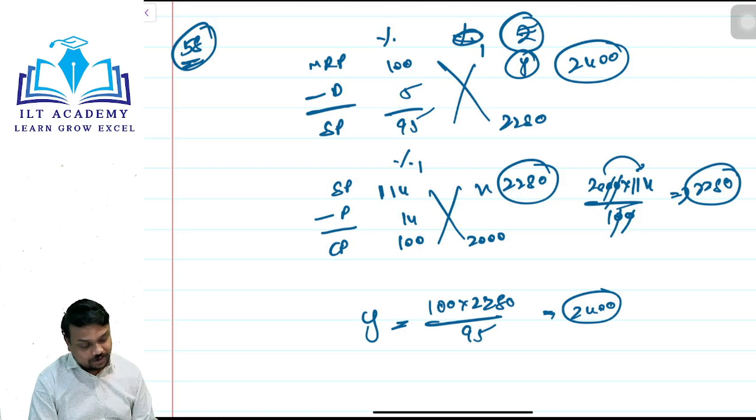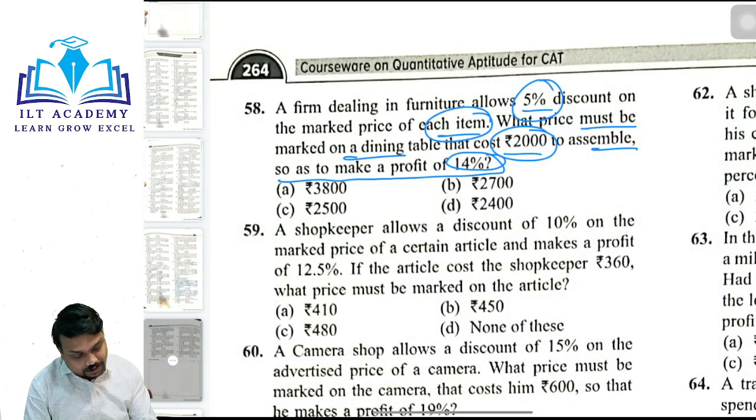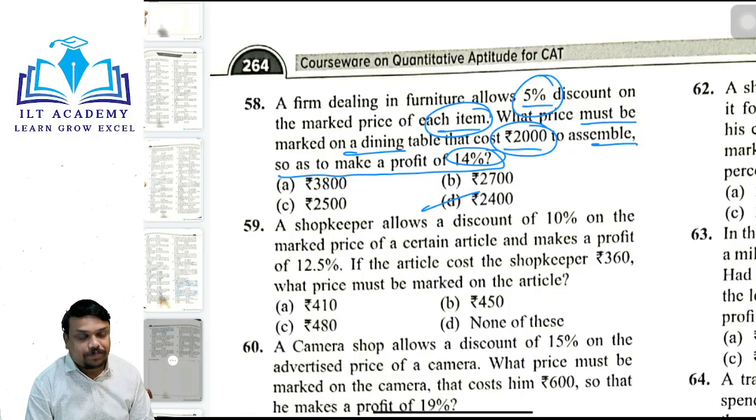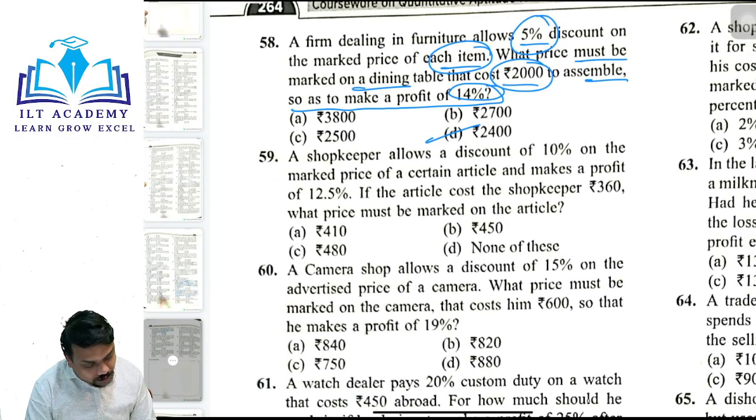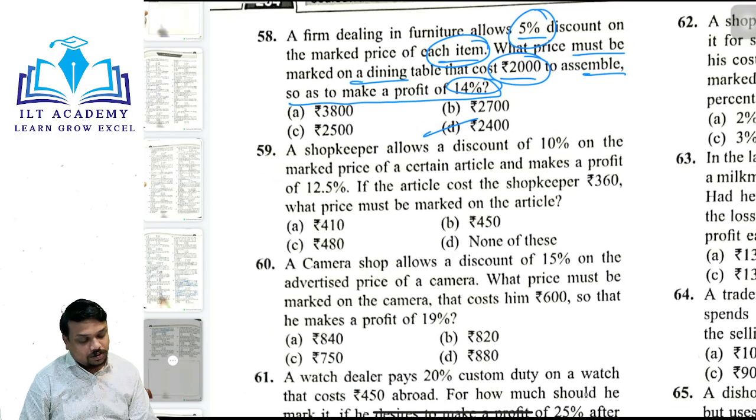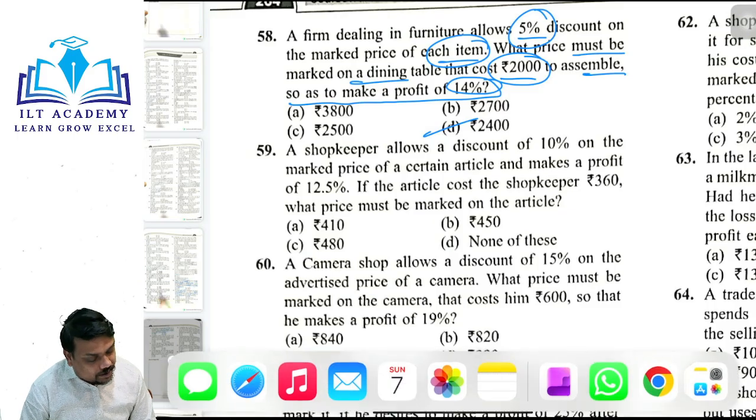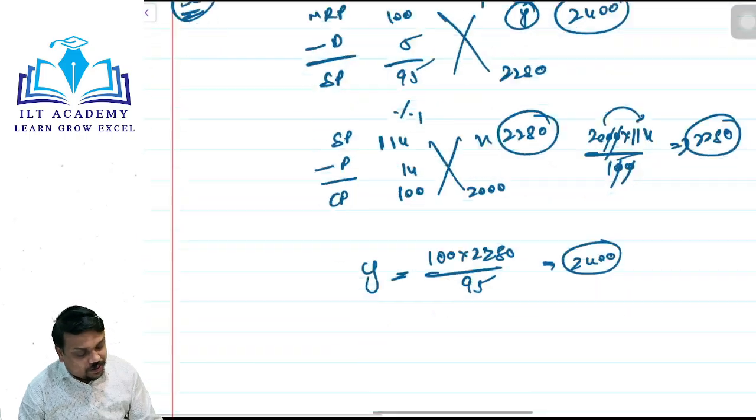This should be the MRP. 58th one. Clear? 2400. Any doubts? ये पे यहाँ पे भी परसेंटेज 1 की जगह 2 डिफरेंटली if you take also, still you will get the same.